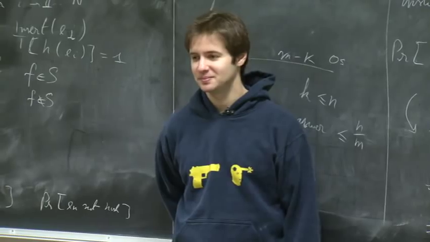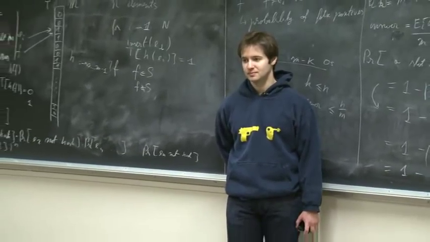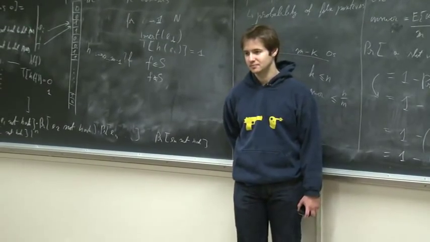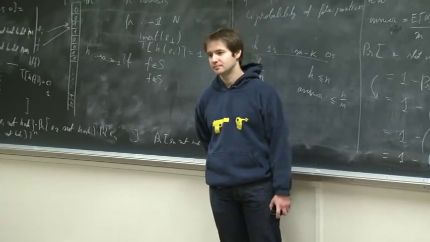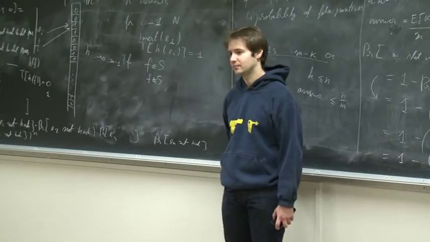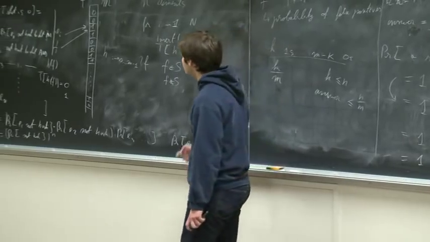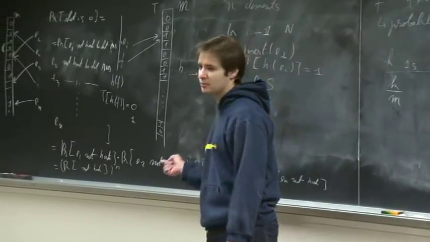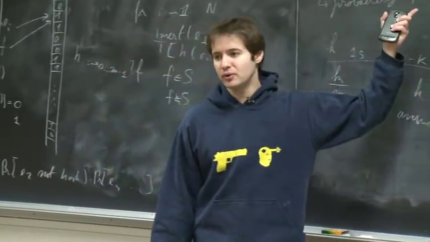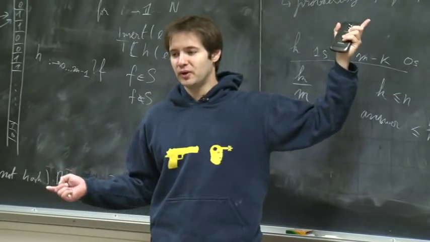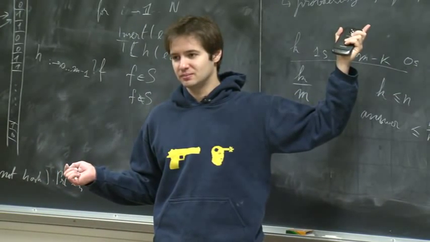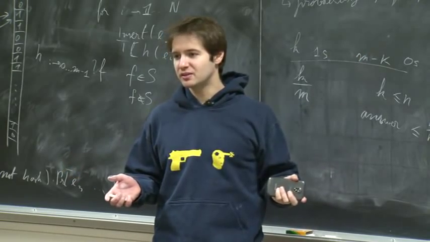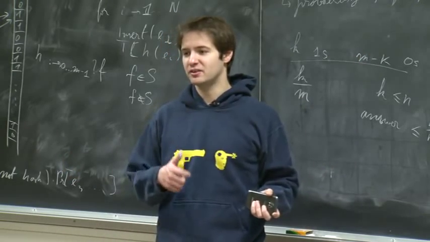So the probability of a false positive, you're saying that's the probability that you get a 1? It actually should be a 0. It's because multiple things map to that one slot, right? So the probability of a false positive is the probability that given a new element, when we hash it, we get the 1. The hash of that new element is independent of all the other hashes.